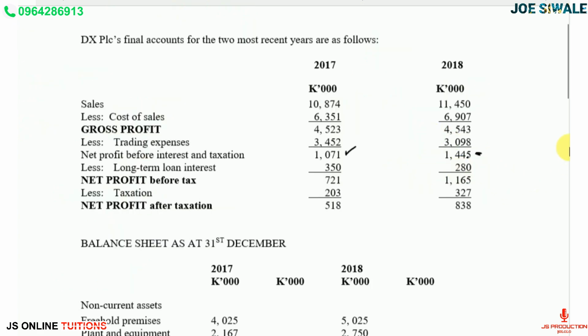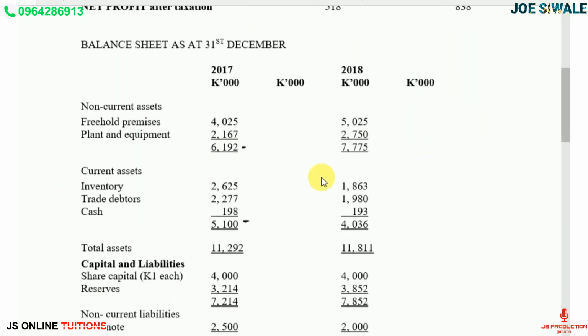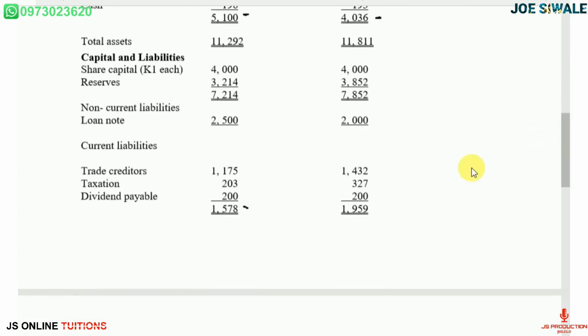So the first thing that you say your current assets, which is 4036 minus 1959.